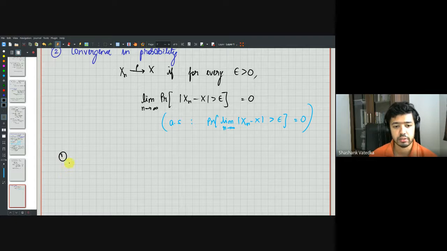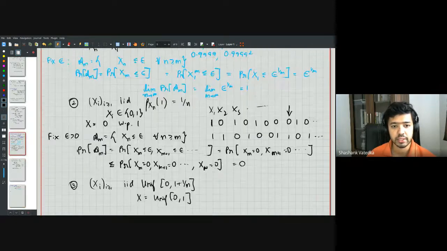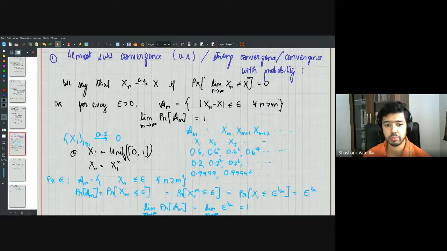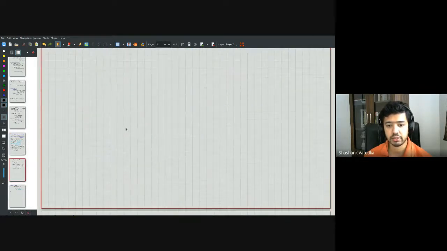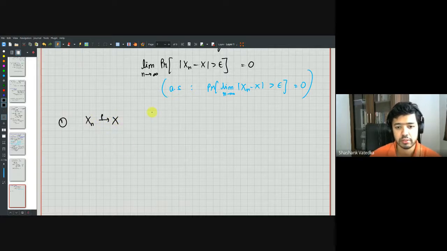We look at these three examples and find out whether they converge in probability or not. I leave it to you as an exercise to show that the first case also converges in probability to X. Okay, but let's see the second example.